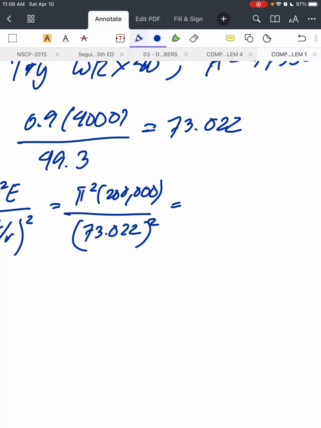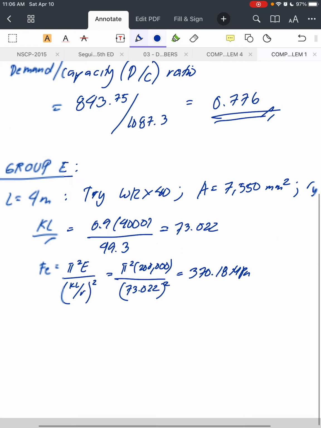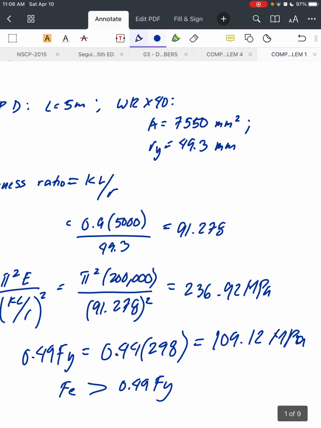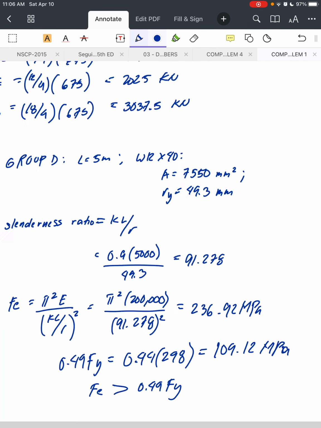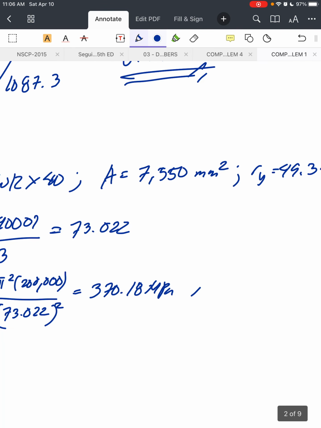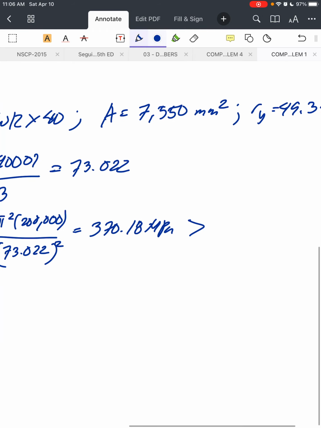That is equal to 370.18 MPa. And again, let's look for the value of 0.44 Fy, which is 109.12. So this means that your Fe is greater than 0.44 Fy, or 109.12.